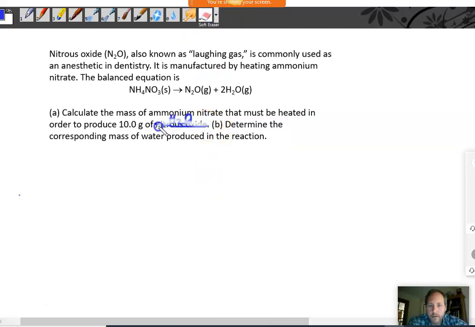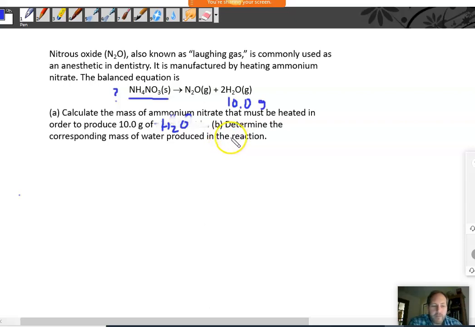Just erase all that. So calculate the mass. So how much of this do I need in order to make 10 grams of this? That's basically what the question is on. Oh, I have it as part B. Never mind. It's part B.